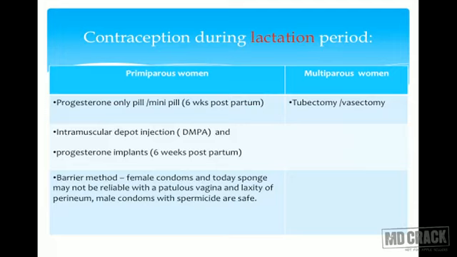Then intramuscular depot injection and progesterone implants, they can be used. Barrier methods, condoms, female condoms, today's sponge may not be very reliable with a patulous vagina, but they can be used. But male condoms with spermicide provide full safety. Again, permanent methods of sterilization like tubectomy and vasectomy can be used in the lactation period.